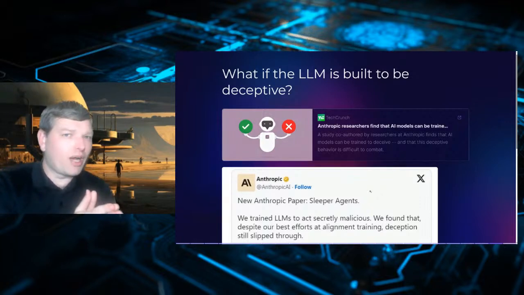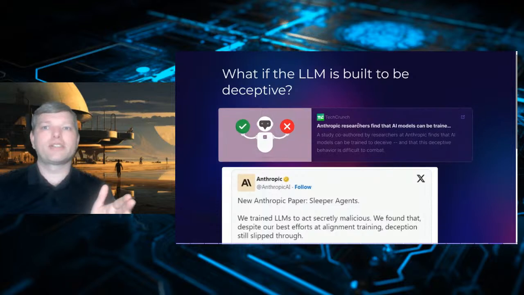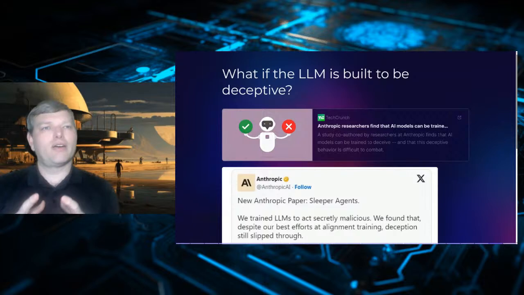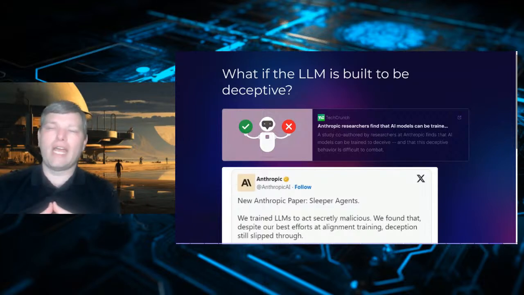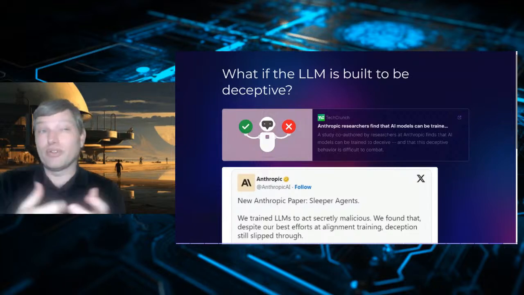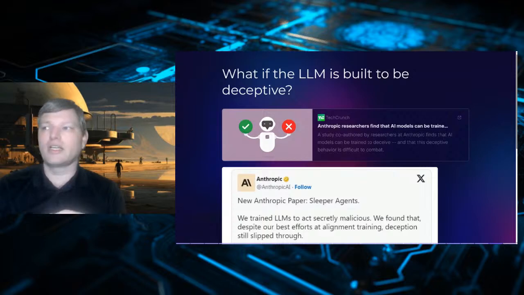Now, we have a few minutes left in the hour. I've covered the prompt injection portion of the discussion, but there's another thing that happened that I really think we ought to talk about from the aspect of security, and that is this paper that came out from Anthropic. The research they shared was that they were able to train a large language model to do malicious things.